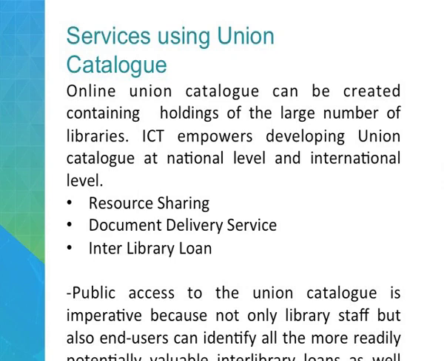Apart from that, a Union Catalogue can be created containing the holdings of a large number of libraries, and ICT empowers developing a Union Catalogue not just at a city level, not just at a national level, but nowadays with the help of ICT we can develop a Union Catalogue at an international level also.